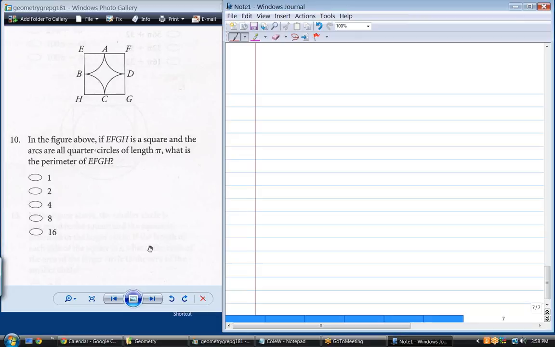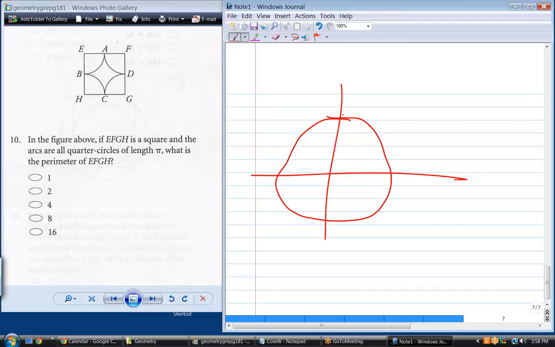Well, it's the measurement of, say you had a circle here, and you wanted to know the distance from that to that as measured along the circle, what would that distance be?